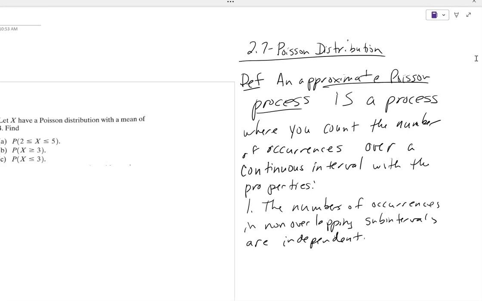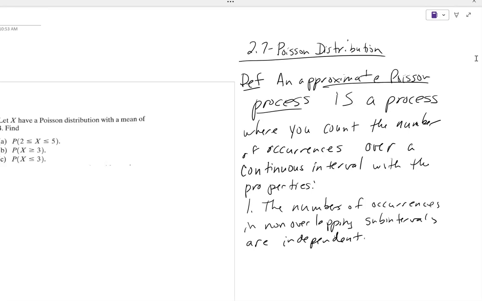We wouldn't expect the number of occurrences in one subinterval to influence the number of occurrences in any other subinterval. So that's one property we're assuming is happening with this process.